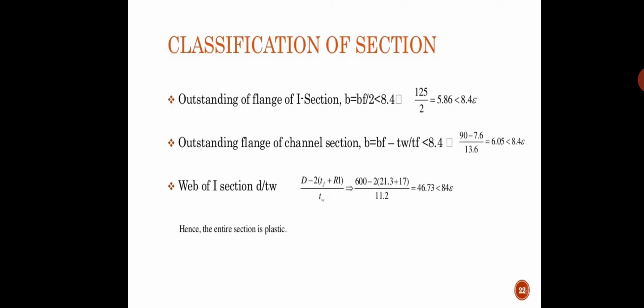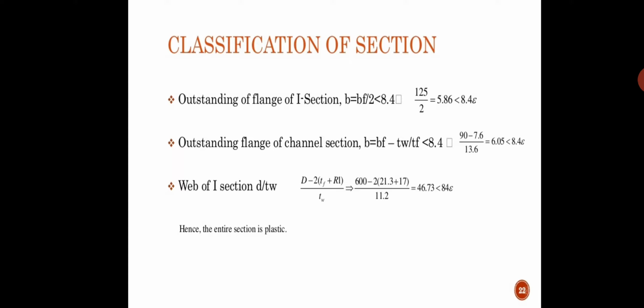After calculating ZPZ and ZE, we do section classification. So all of you know that for I section we take the ratio of BF by TF and TW by TB. So the outstanding flange of I section should be less than 8.4 epsilon. In our case epsilon is 1.